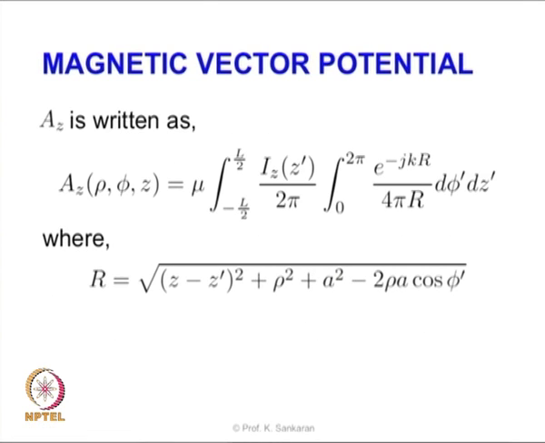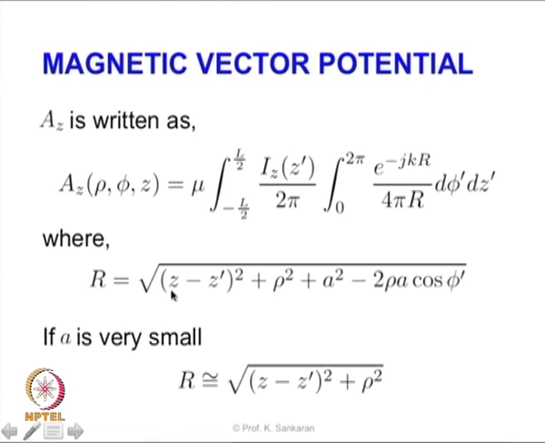And now Az is written, like before, by bringing the Iz outside of both integrals, and we have only the integration along the line, and this is going to stay for the second integral inside, and as before we have substituted the value of R. If a is very small, then this term goes to 0 and this term also goes to 0.